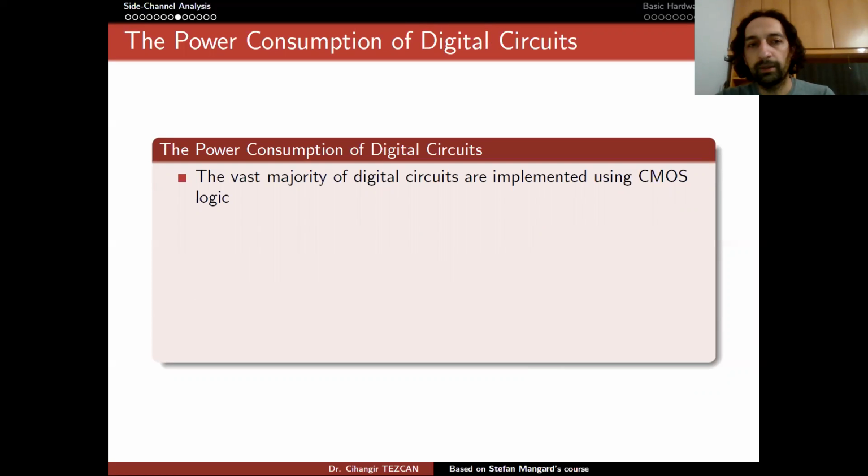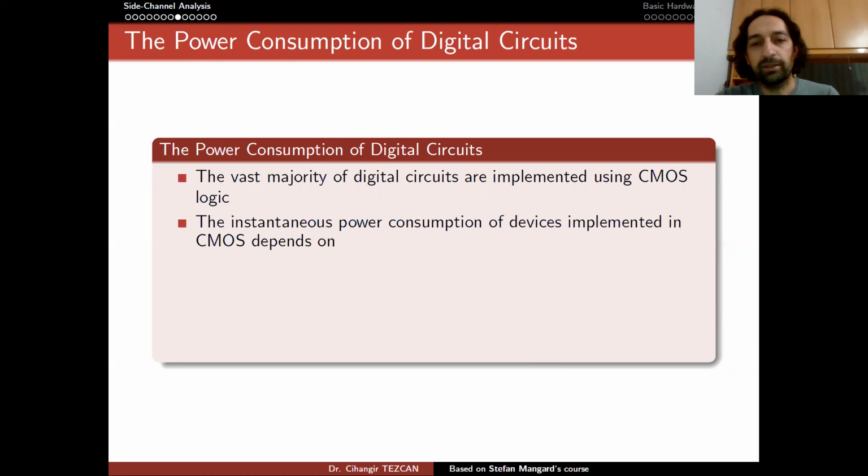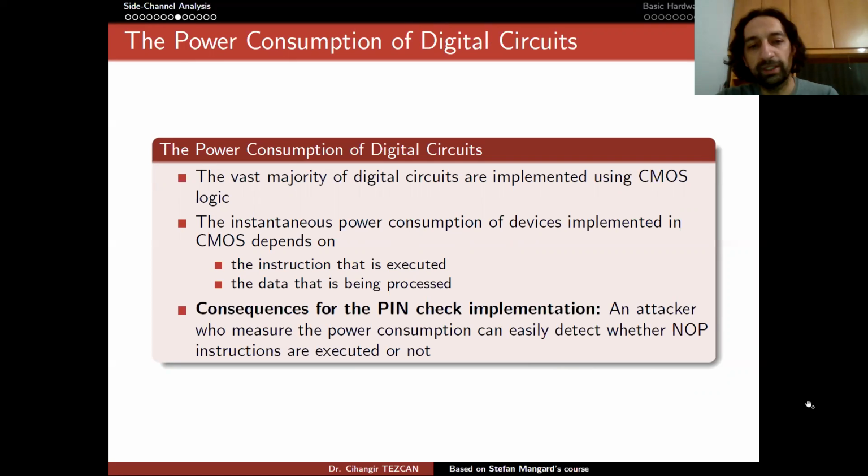In this case, we will look at the power consumption. The vast majority of digital circuits are implemented using CMOS logic. The instantaneous power consumption of devices implemented in CMOS depends on the instruction that is executed and the data that is being processed.